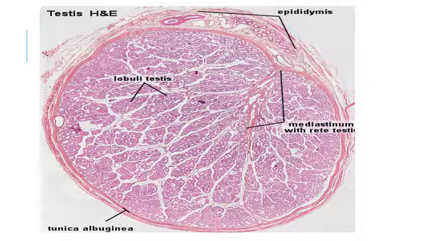These compartments have lobules of testis. Each lobule consists of seminiferous tubules. The entire testis has a protective sheath called tunica albuginea, and outside that we see the ducts of epididymis.